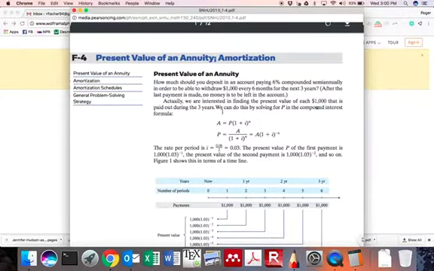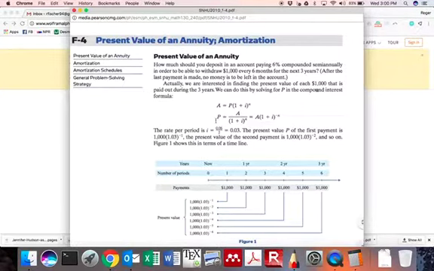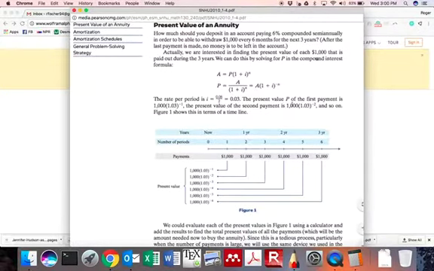So one way to think of this is that we can think about finding the present value of each $1,000 that's paid out during the 3 years, that's where we can use this formula. We can think of it as the value of each $1,000 is the amount times the quantity 1 plus i to the negative n. So let's look at this.